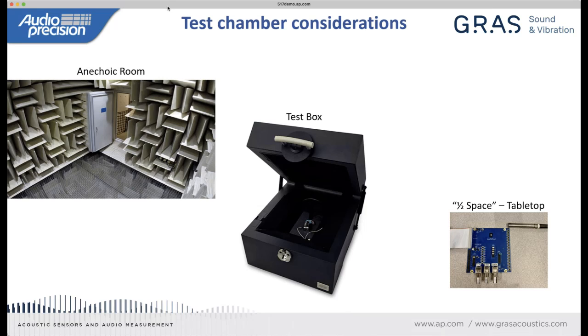Now, I'm actually going to take a completely different approach, as much out of expediency for what's available to me as anything else. I have my microphone under test, my reference microphone, and my speaker that will be generating the test signal, all sitting on the same surface. This is a reflective surface. It's in fact a tabletop, and I'll call this my half space test configuration.